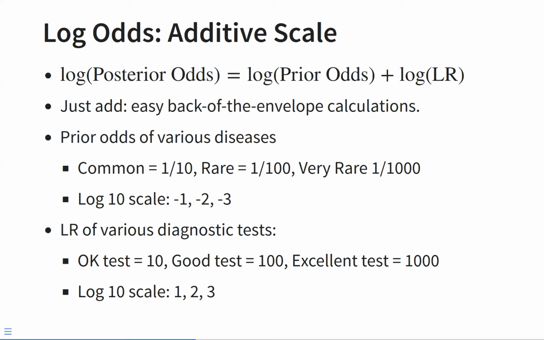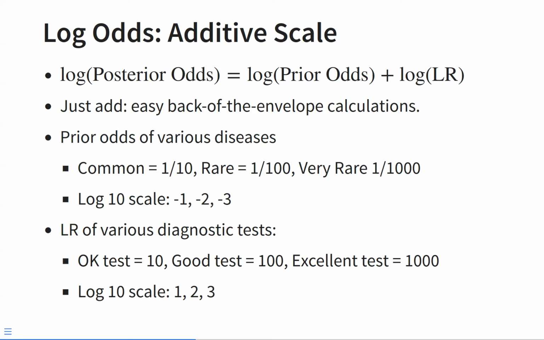Computers like to use logs base 2. Mathematicians like to use log base e. But for human beings, it's easier to use log base 10. So let's think of some prior odds of various diseases. Maybe a common disease, like a cold or flu, has prior odds of 1 to 10. That would mean it's like drawing from 1 car and 10 goats.